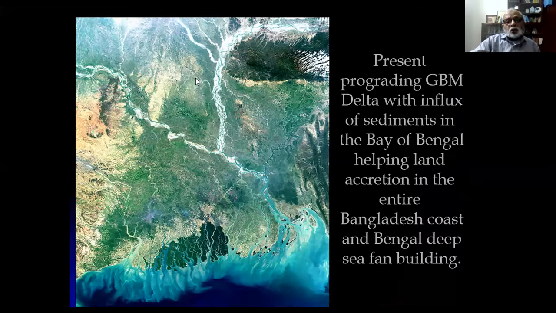So of the suspended sediments, more than 2 billion tons come every year, out of which about 1 billion tons go through the Swatch of No Ground into the deep sea and make new deposits, known as the Bengal deep sea fan.